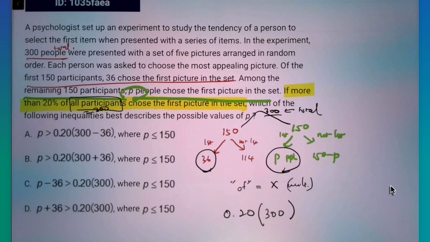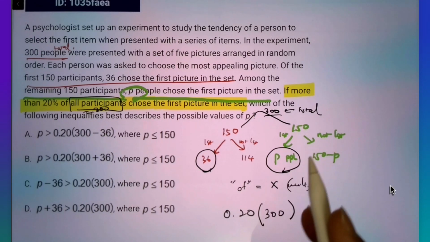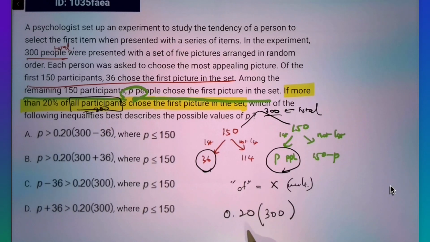So all together we have 36 plus P. If more than 20% of all participants chose the first picture in the set, and it's not equal to, just more than, greater than, then 36 plus P, again, is the people who chose the first picture. It says these people happen to be more than 20% of 300 people.